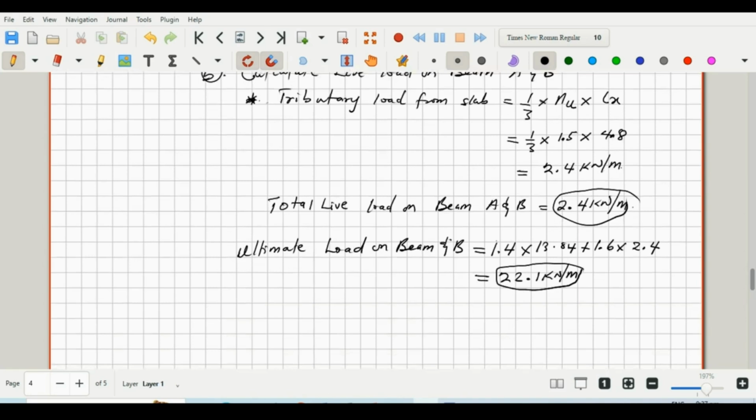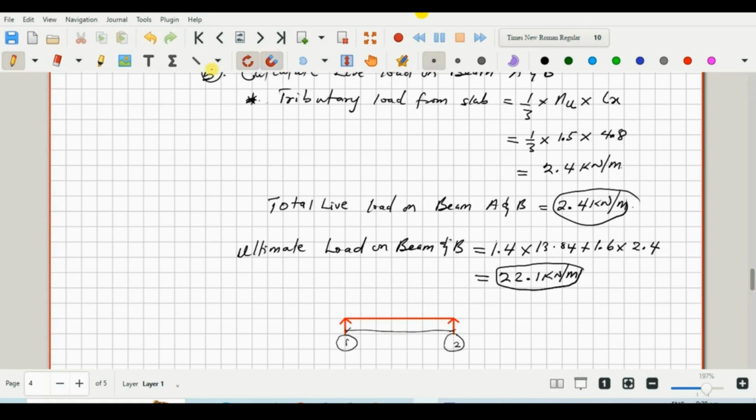So let me just do a quick sketch. Okay, so this will be our grid line 1, and this is grid line 2.